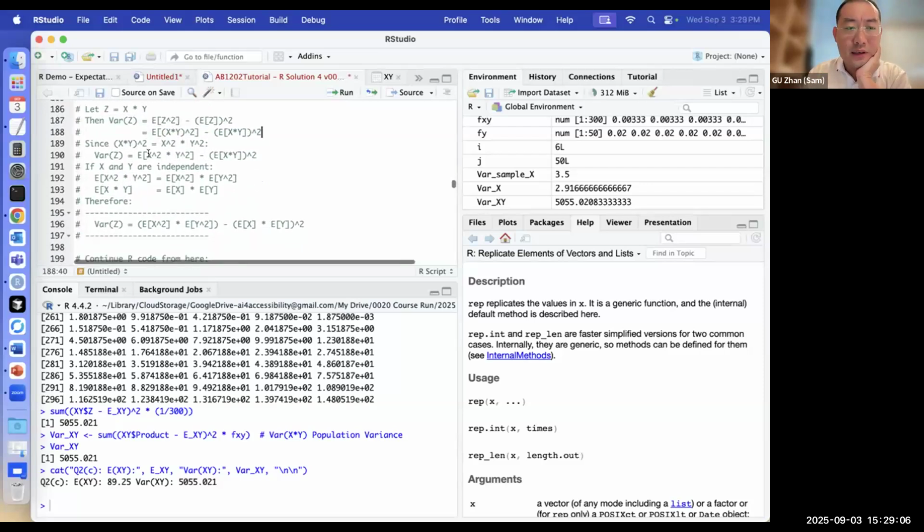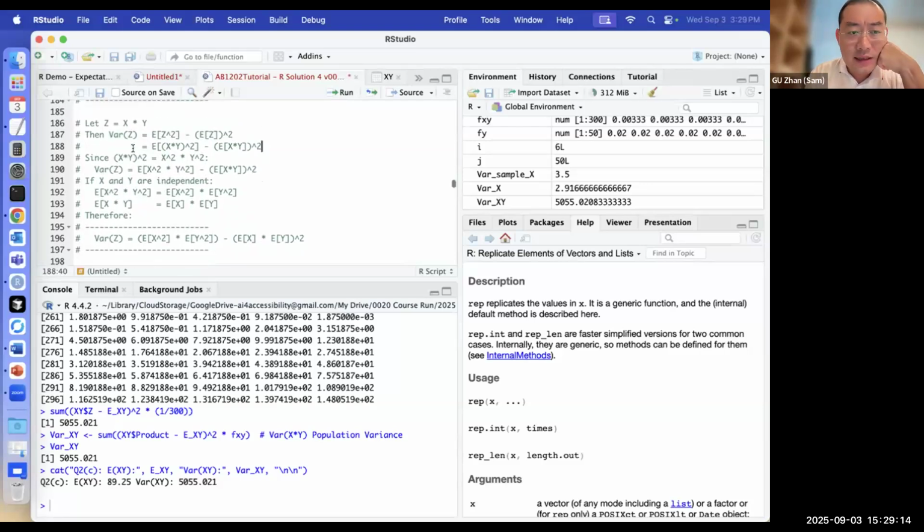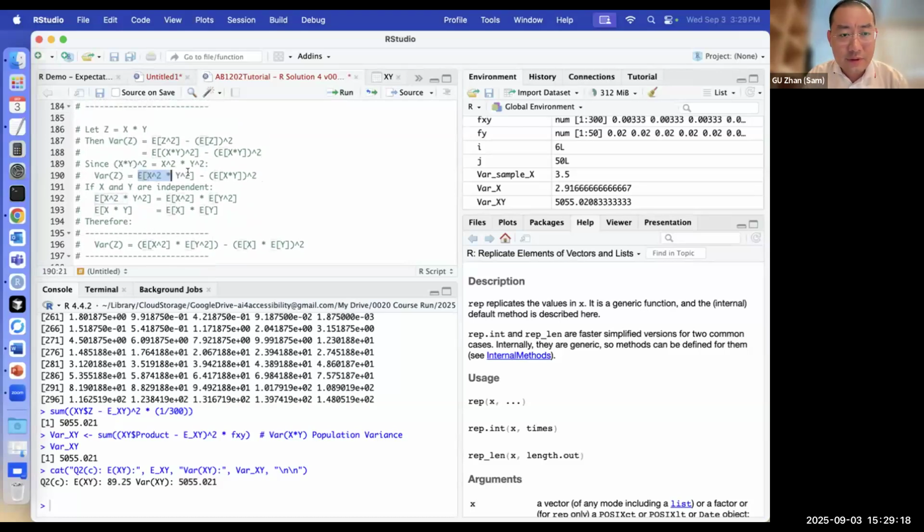Since (X times Y) to the power 2 is X to the power 2 times Y to the power 2. Then the variance of Z equals this part, which becomes this part. So for Z here, this part doesn't change.